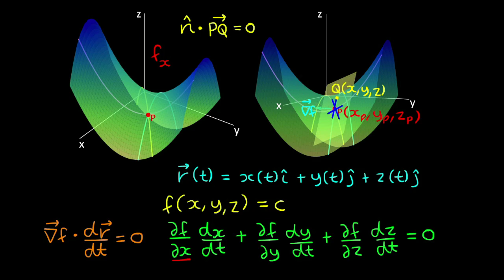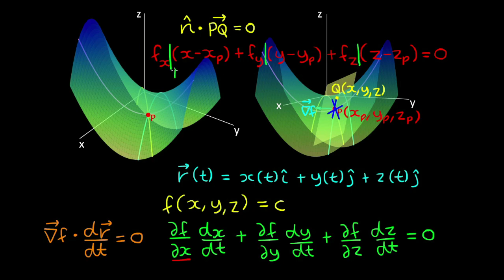So the gradient vector is the normal to the plane, and we multiply this by the x coordinate of some point on the plane minus the x coordinate of point P on the plane, which is the known point on the plane, plus the partial of f with respect to y by y minus yp, plus the partial with respect to z by z minus zp, and that's equal to 0. So noting these partial derivatives are evaluated at point P.